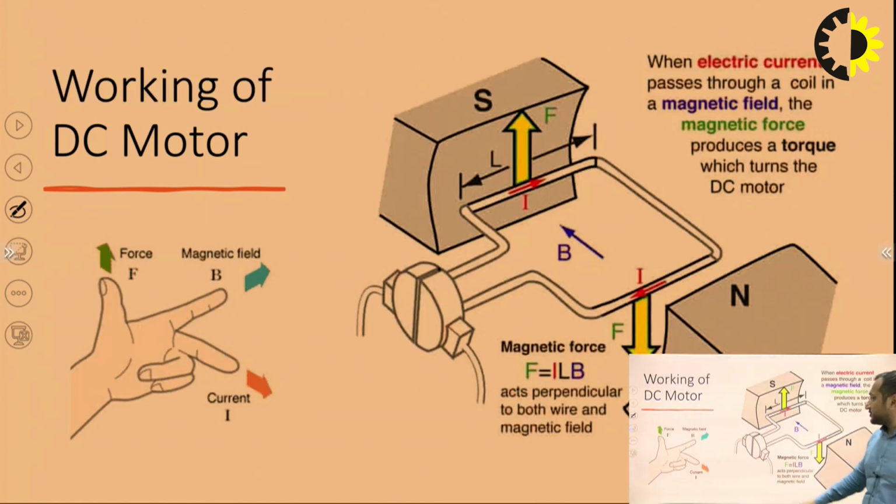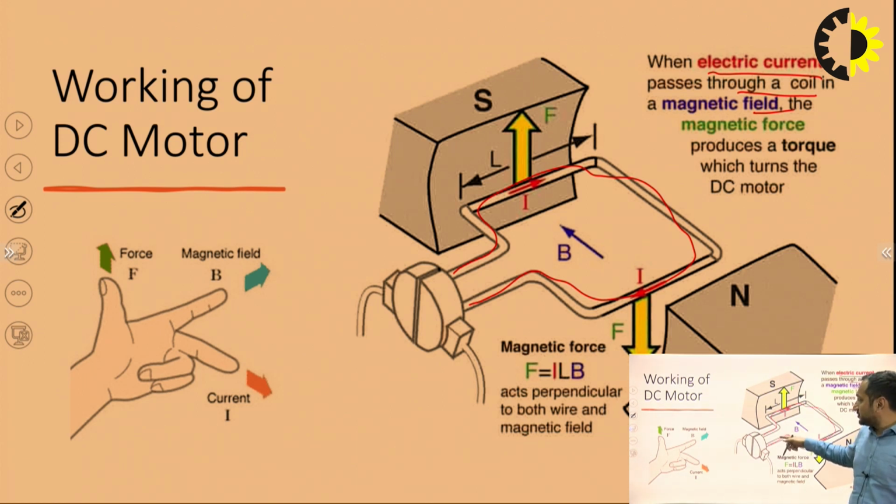So, what happens is, as soon as you apply the current, the electric current passes through the coil in the magnetic field. As we know, when electric current passes through this, it energizes and becomes a magnet.